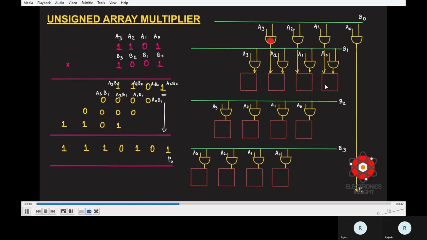Each of the product terms is sent to certain adders, and that requirement is written here. A0 B0 is directly fed as P0, whereas A1 B0 and A0 B1 are added to generate P1. Because there are only 2 bits, we require a half adder.